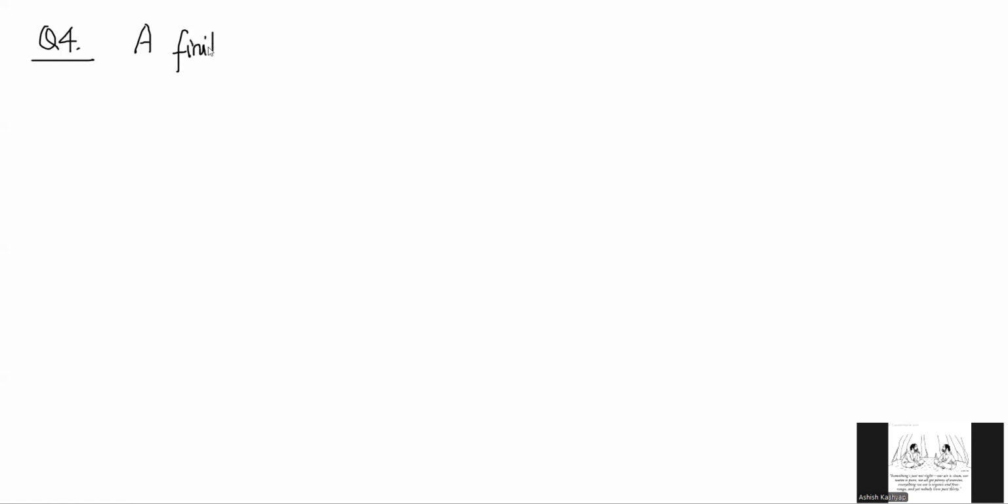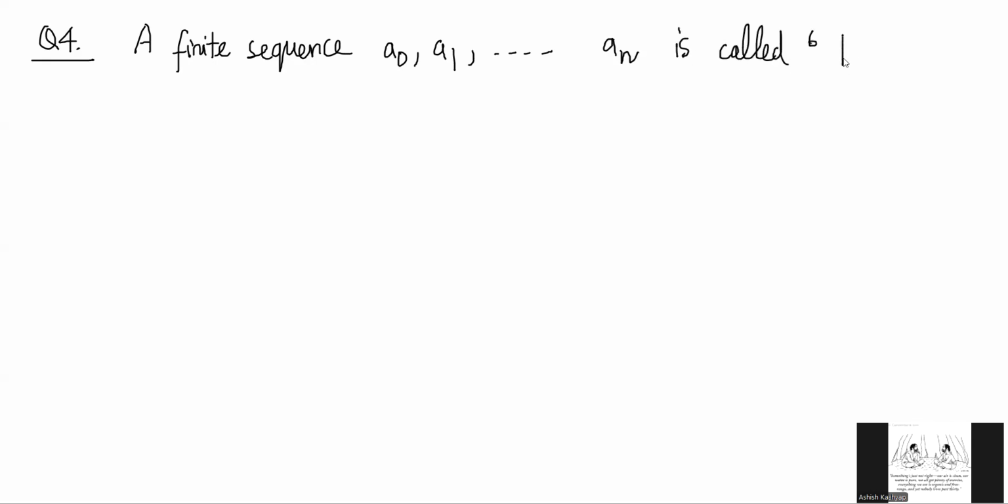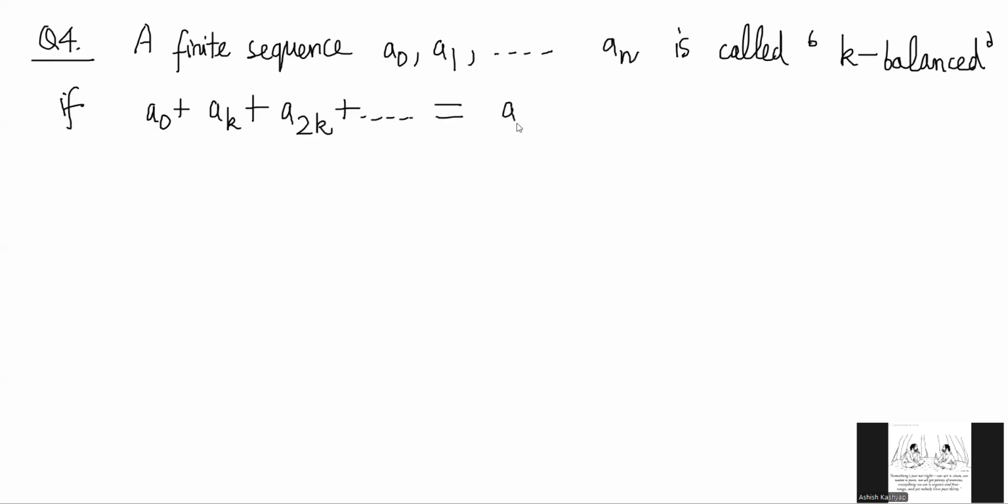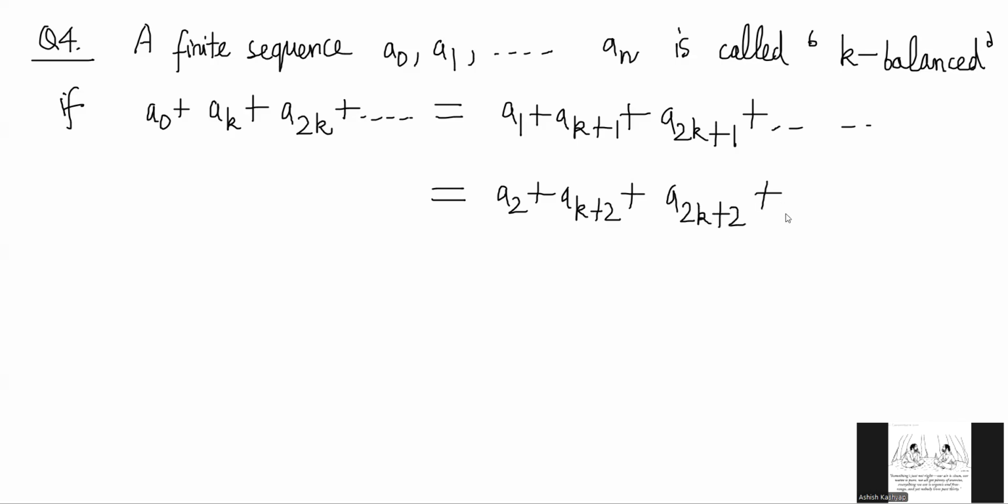A finite sequence A0, A1, ..., AN is called K-balanced if A0 plus AK plus A2K and so on is equal to A1 plus AK plus 1 plus A2K plus 1 and so on, is also equal to A2 plus AK plus 2 plus A2K plus 2, and such summations are always happening till AK minus 1 plus A2K minus 1 plus A3K minus 1 and so on.